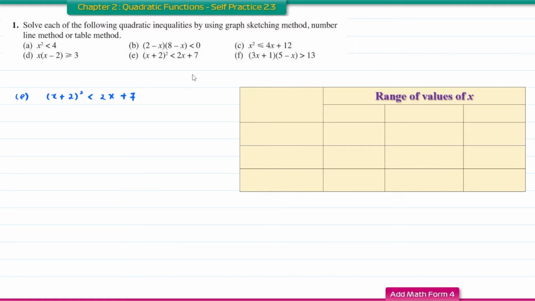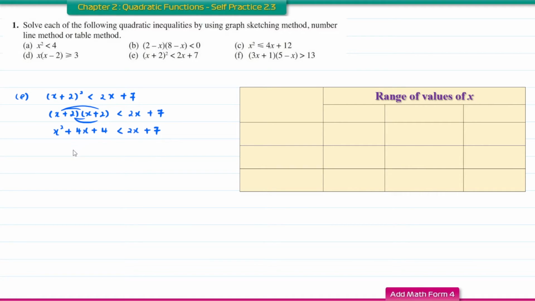For question E and F, we're going to solve this using the table method. So look at question E first. This is a square, so it means (x + 2)(x + 2) less than 2x + 7. For this part, we want to do the expansion. So we want to get x squared + 4x + 4 less than 2x + 7.